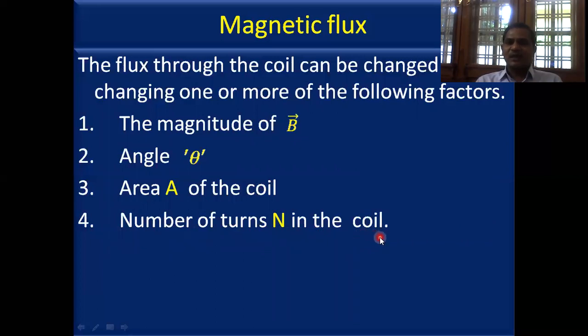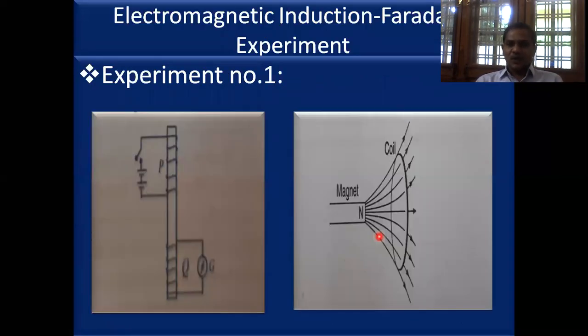So by changing any one of these four physical parameters, we can change the magnetic flux through the given coil. Okay. Now, our actual discussion is electromagnetic induction.